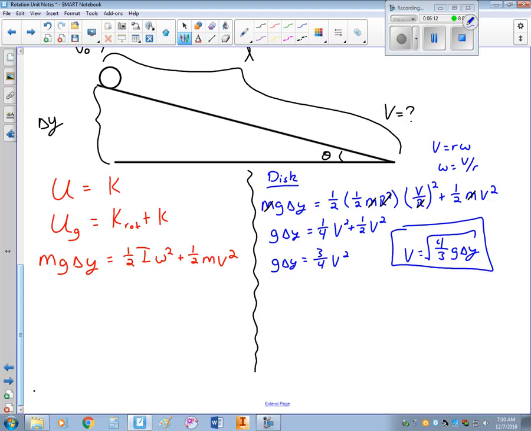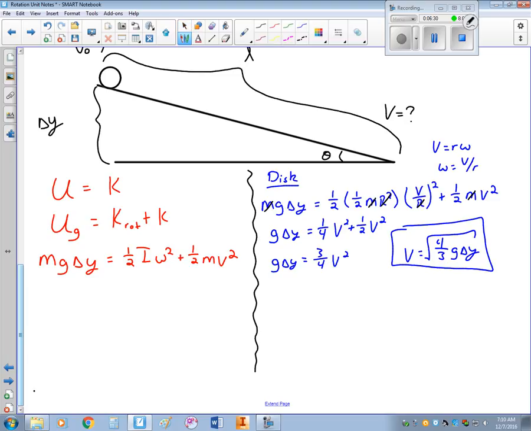So then the speed of the disk at the bottom of the ramp will be the square root of 4/3 g times delta y. And if you know the length of the ramp and the angle, you can use a little bit of trigonometry to figure out what that delta y is. So that's not too bad.